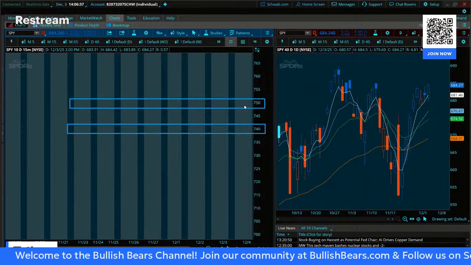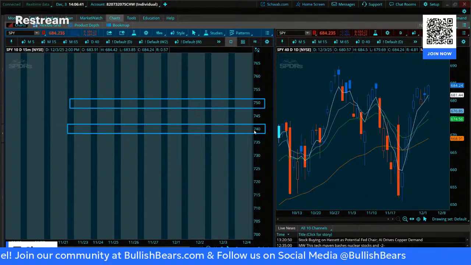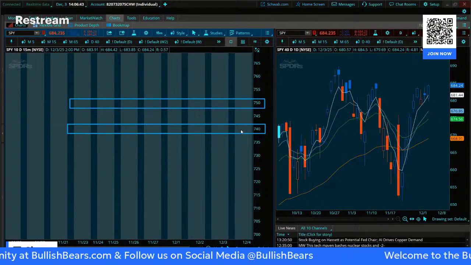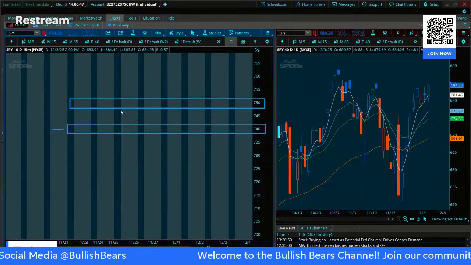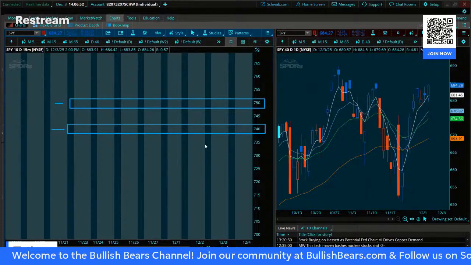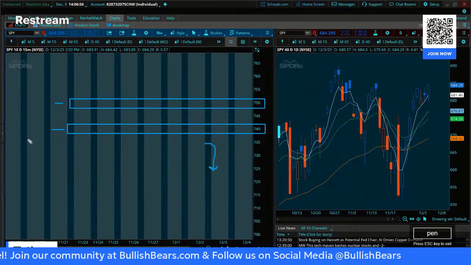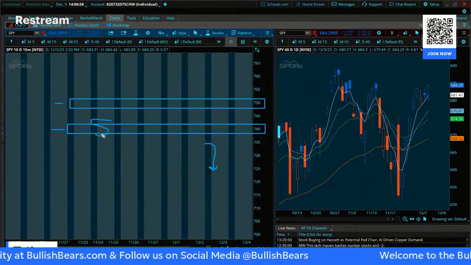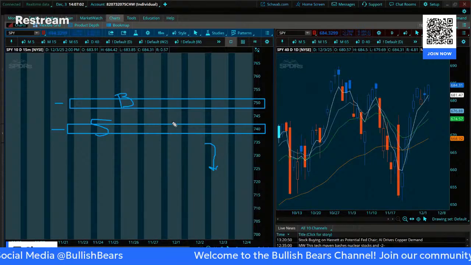If that was calls, then I'm looking at a long call vertical. But what if I wanted to sell this spread? I can sell the 740 and buy the 750, and now I've got a short call vertical. I need price to stay underneath this, right? So this is a sale and this is a buy. That is a short call vertical.